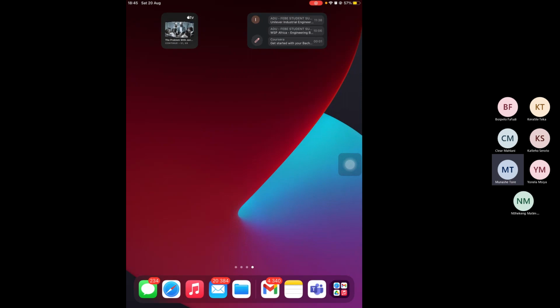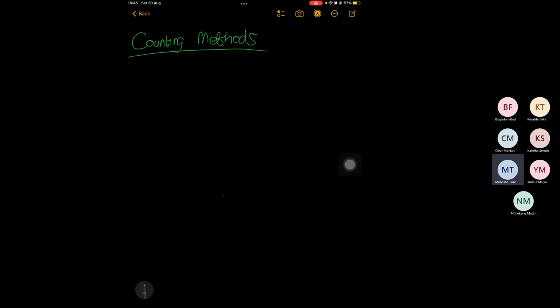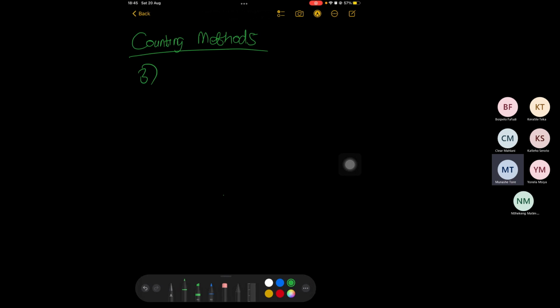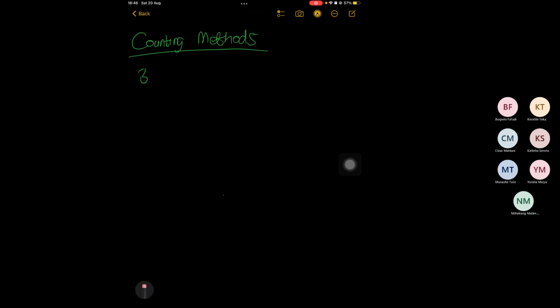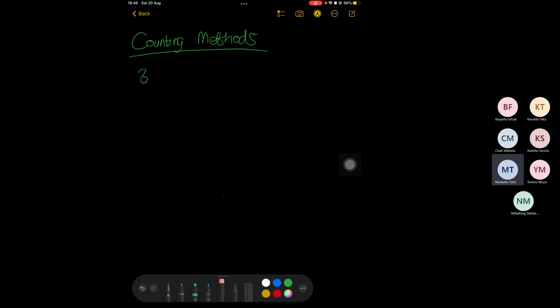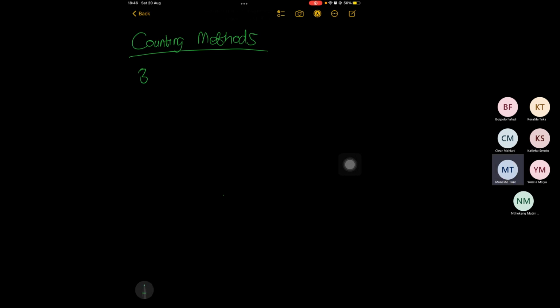Okay, let's just start. For counting methods, there are three fundamental principles, as I would like to call them. I feel like explaining these will take maybe 5 minutes before we dwell much on the questions.